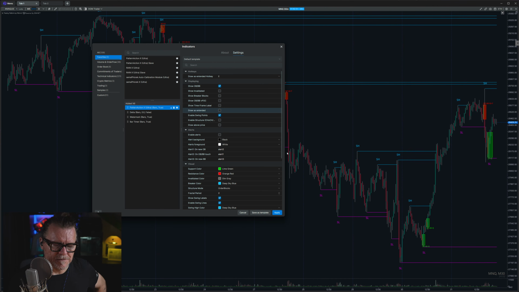So I added the possibility to identify the swing highs and swing lows. The PatternAction indicator is there to display the price action patterns.